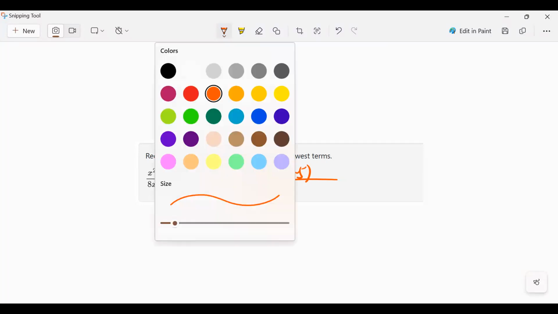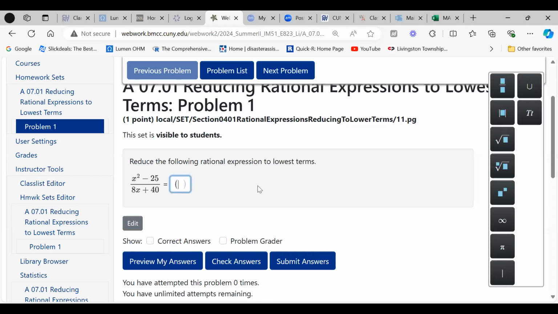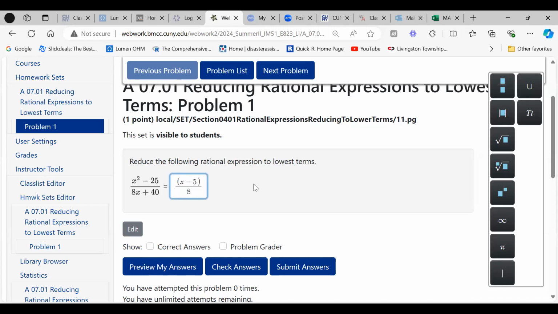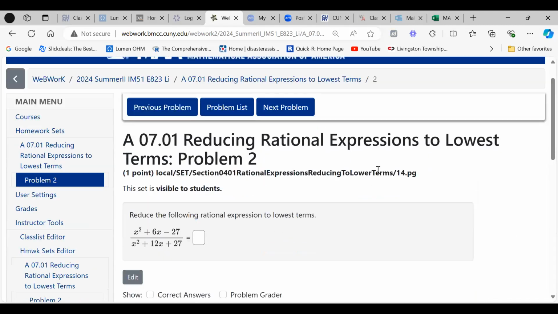After that, we cancel the common factor. x plus 5 gets cancelled. The answer is x minus 5 over 8. Any question about this? So x minus 5 over 8. Submit it. Okay, correct answer.